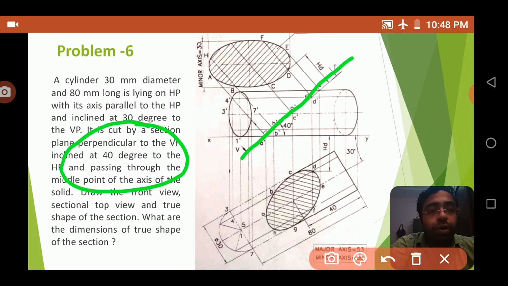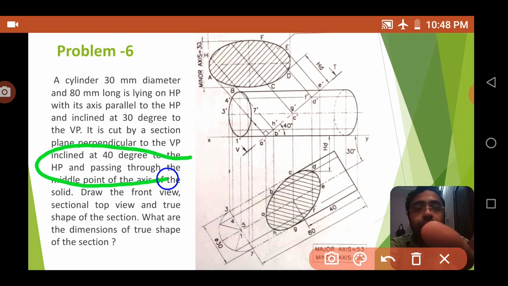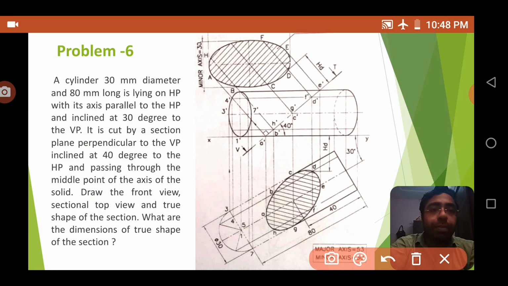First you have to mark the center point, since it's passing through the middle point. So here you can say it is passing through the middle point. You find out the middle point of the shape, the cylinder. So first here you mark the center point, and here you mark the center point, and you draw the chain lines, the center line.